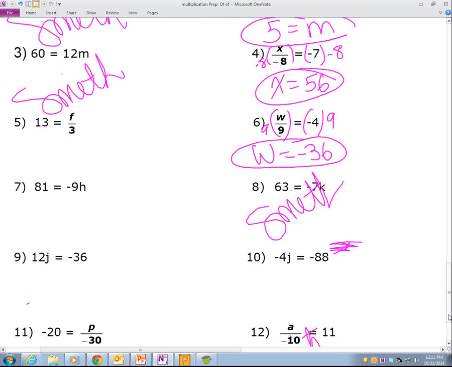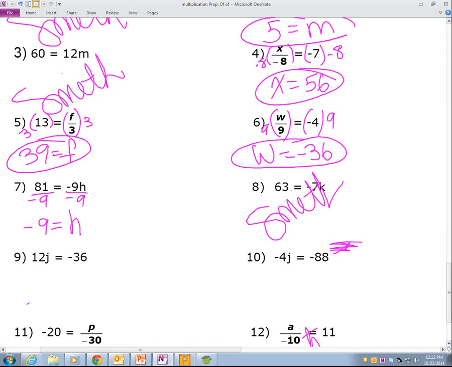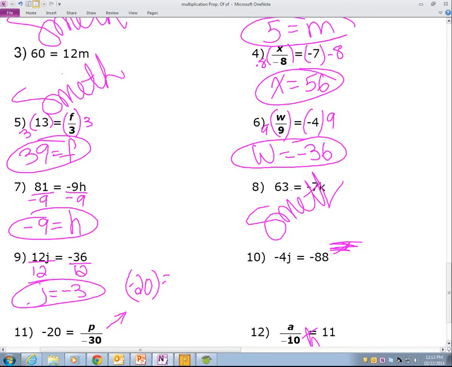2 negatives. I told you that was right? Was there a negative sign that I missed?